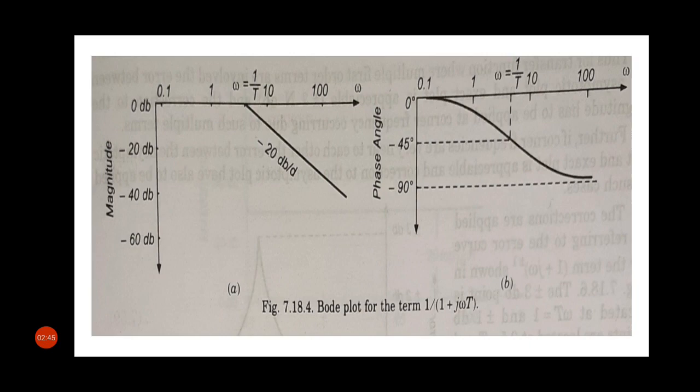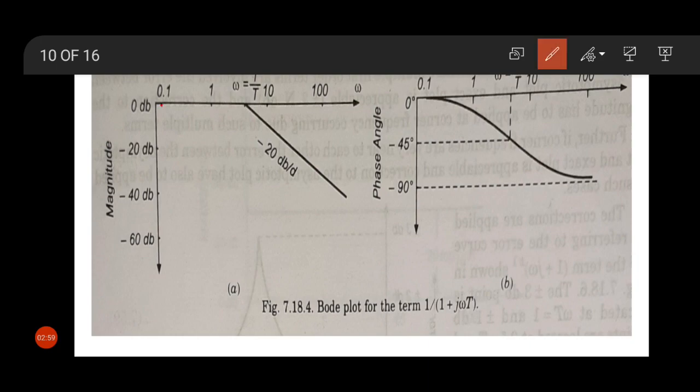So in that case our graph has a slope of minus 20 dB per decade. See these two graphs: one graph is 0 dB for case 1 and another graph has minus 20 dB slope.